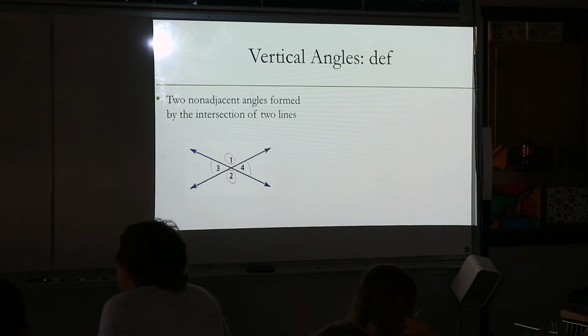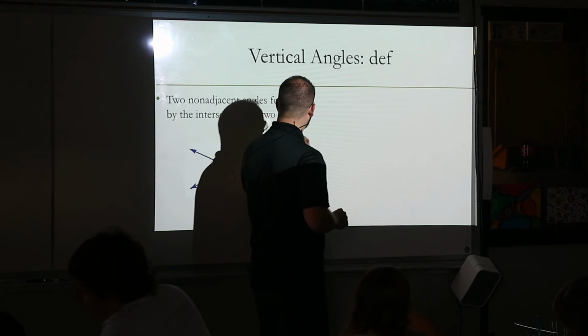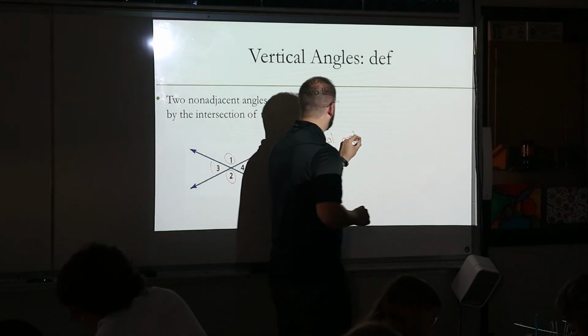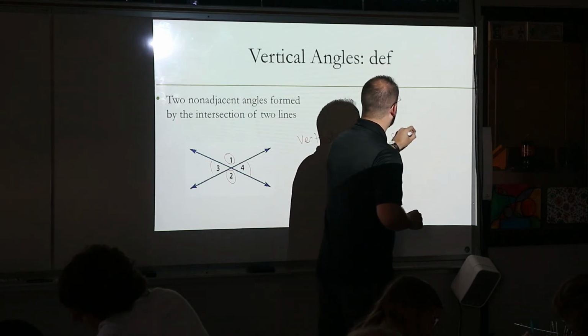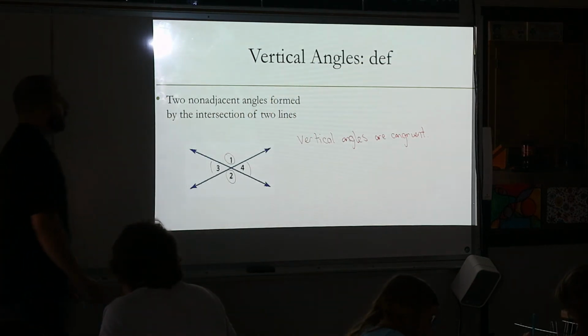The first property you're going to learn right now: vertical angles are equal. Maybe you want to write that down. Vertical angles are congruent, or equal. It's the first property in math you're going to be learning here.